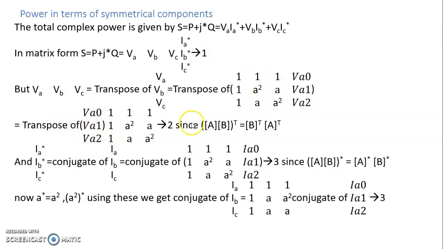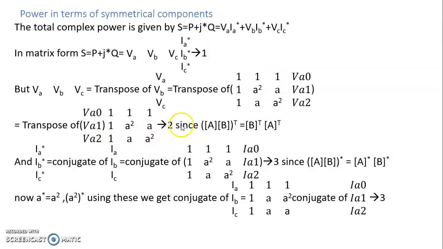If I take the transpose, the 1, 1, 1 column will go to a row, 1, a square, a will be in the row, and 1, a, a square will be in the row. One more time, if you take the transpose of this, the 1, 1, 1 column will remain as a row, and 1, a square, a will be taken as 1, a, a square, as it is.